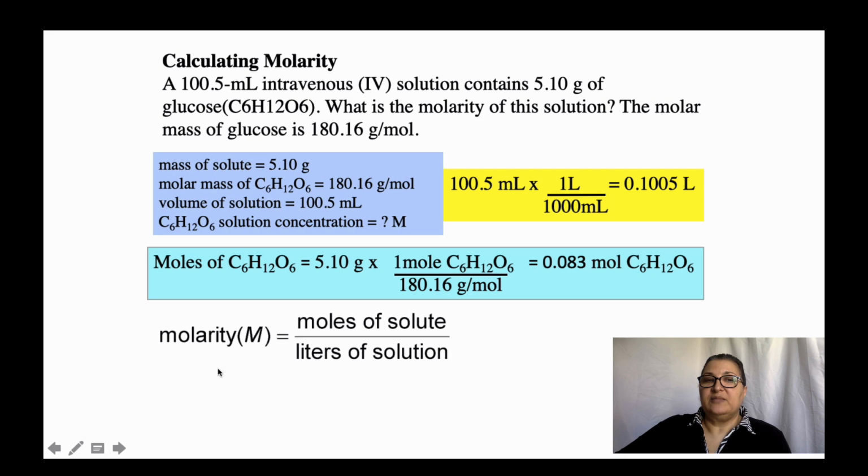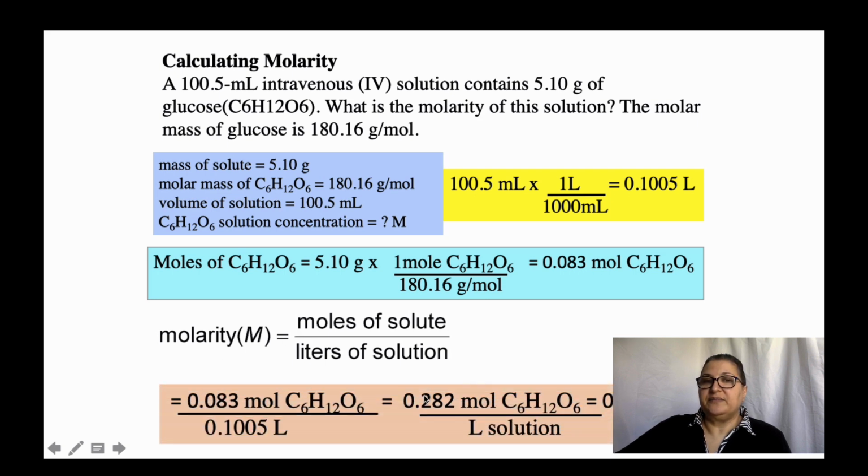And then molarity is moles per liter, so you take the moles divided by liters. Okay? 0.083 divided by 0.1 is 0.282. Not so bad. First step, you convert milliliters to liters. Second, you convert grams to moles and then divide the moles by liters. Not so bad.